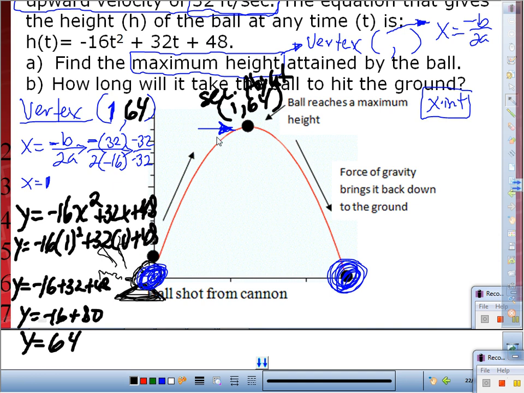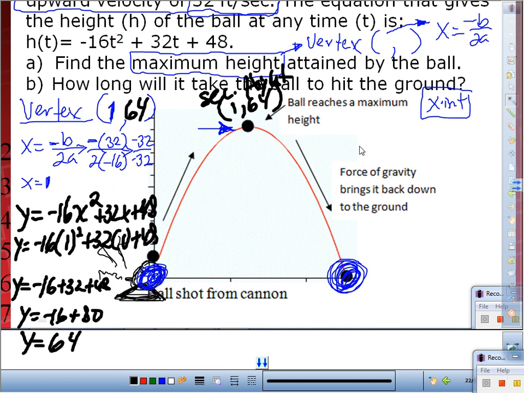In 1 second, it hits the height of 64 feet. Write that down, please, and answer the question in a sentence. Find the maximum height attained by the ball. The maximum height attained by the ball is 64 feet. They're not asking you for the time, but I just wanted you to interpret that coordinate.